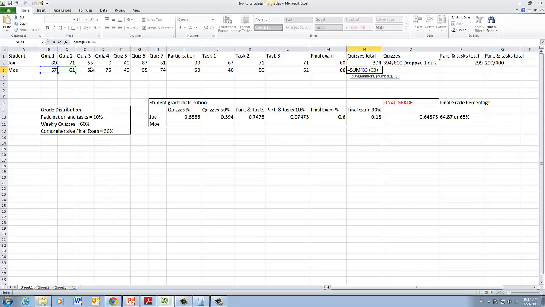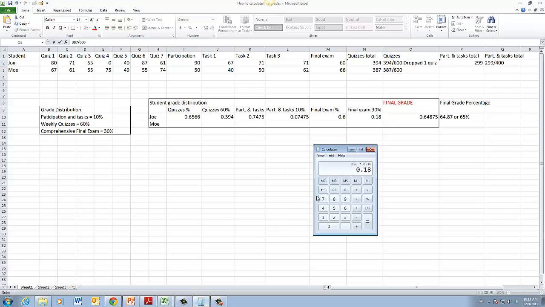Putting a plus sign here. And then I'm going to close the parentheses and then simply press enter. And sorry, I got that extra plus sign. There we go. So his total for quizzes was 387 points. Now remember, it's 387 out of 600 total.